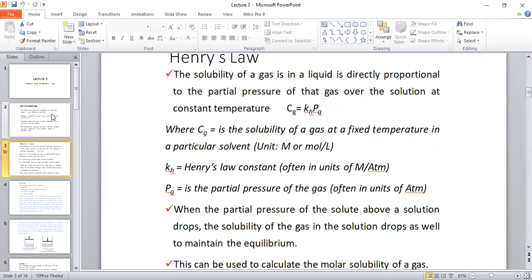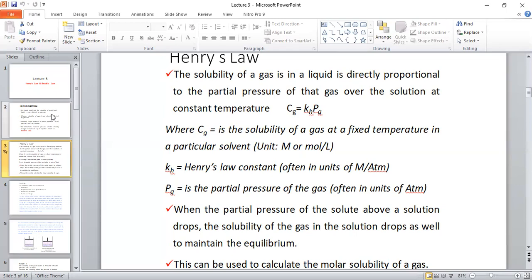Henry's law says that the solubility of a gas in a liquid is directly proportional to the partial pressure of that gas over the solution at constant temperature.